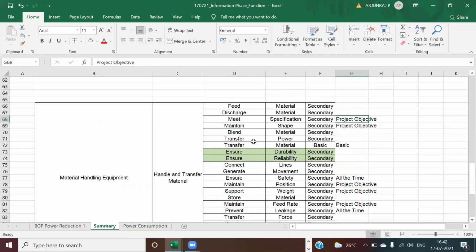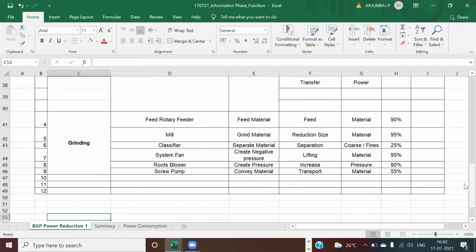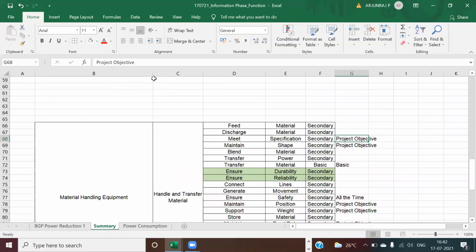For example, you have the project objective to reduce something by 25%. You may get confused, so I suggest don't write it as a project objective currently. Instead, write it as a design function. Let us have it in this way.